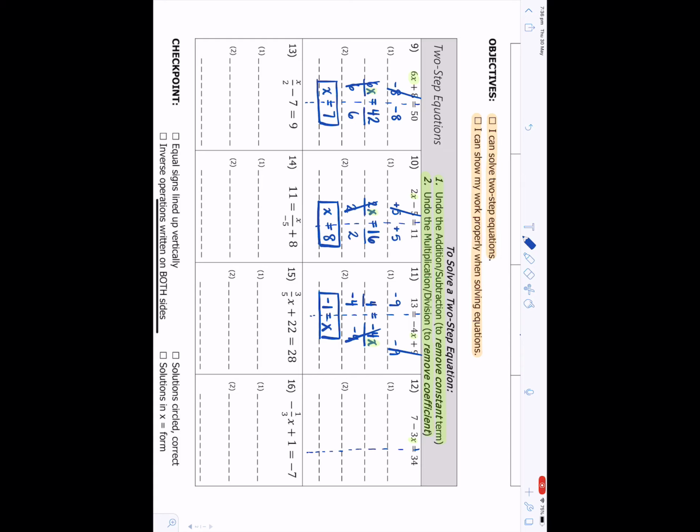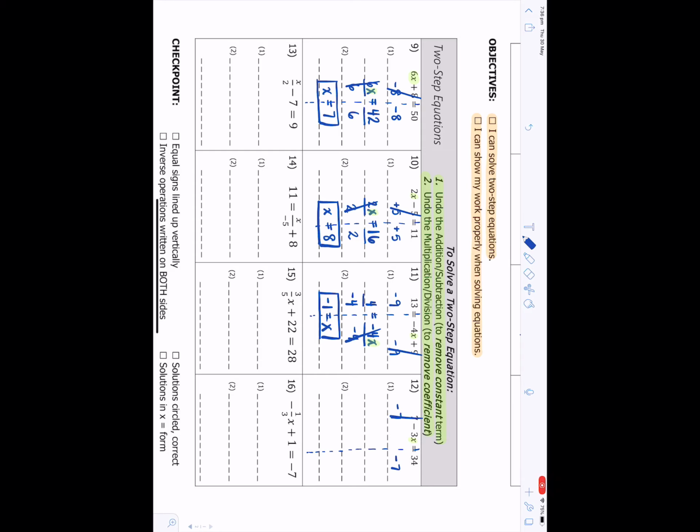Now, notice this is a positive 7. Please don't be distracted by that subtraction sign next to it. That subtraction sign belongs to the 3. The 7 is positive, so if I'm going to undo that 7, I need to do the opposite of a positive 7, and I need to subtract 7 on the left side and subtract 7 on the right side.